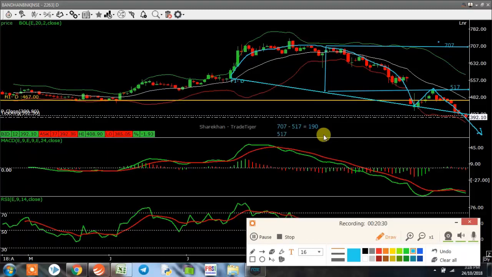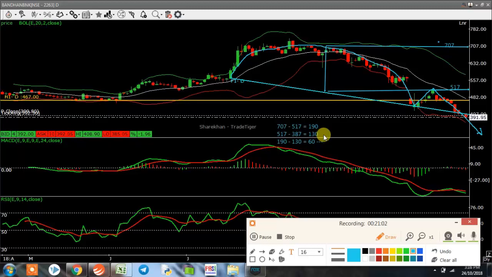So 517 minus 387, which is another 130 points, right? So the amount of downfall expected is 190 minus 130, which is equal to 60 rupees.